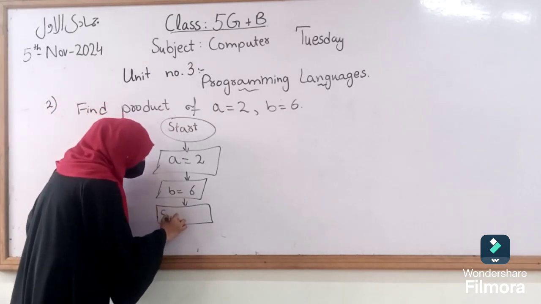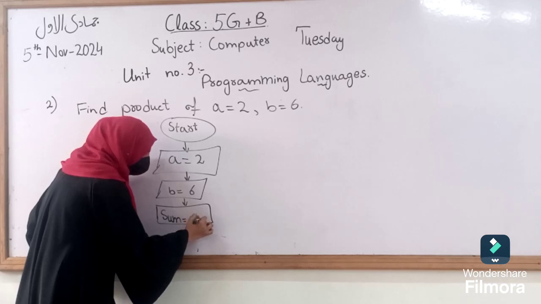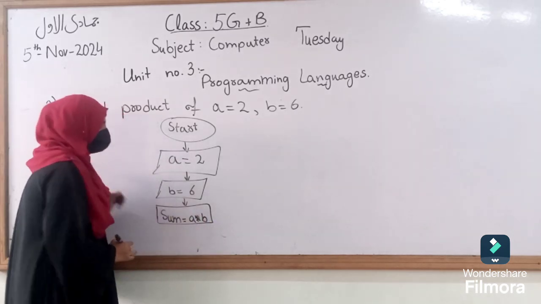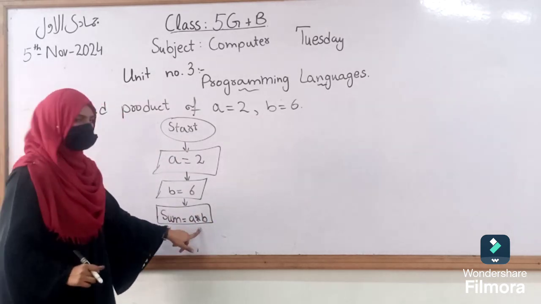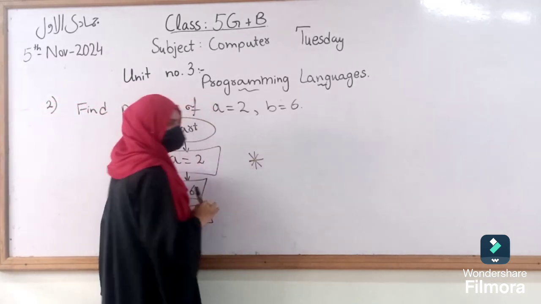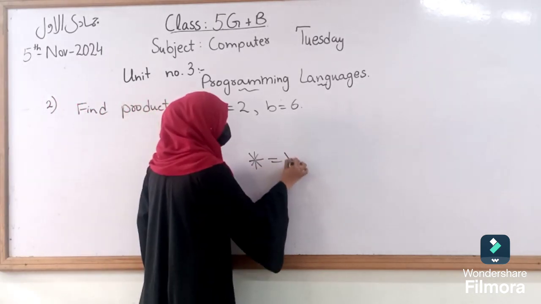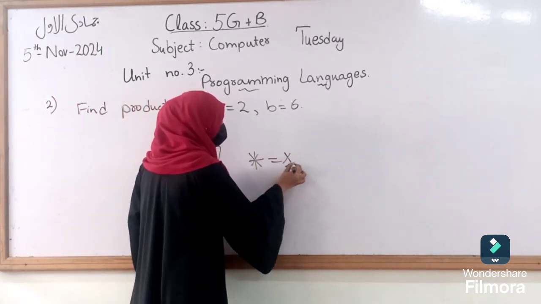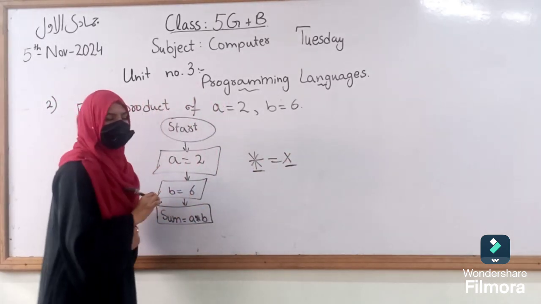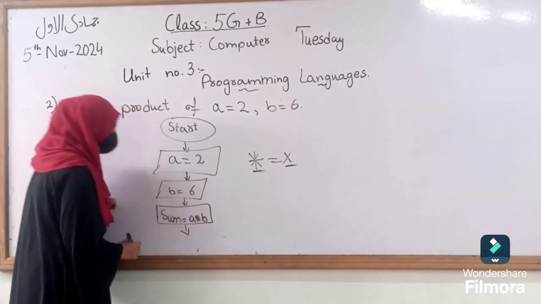So we will write sum equal to a product b. In a flowchart we use this symbol of star in place of multiply. We need to replace this sign with this one in the flowchart.